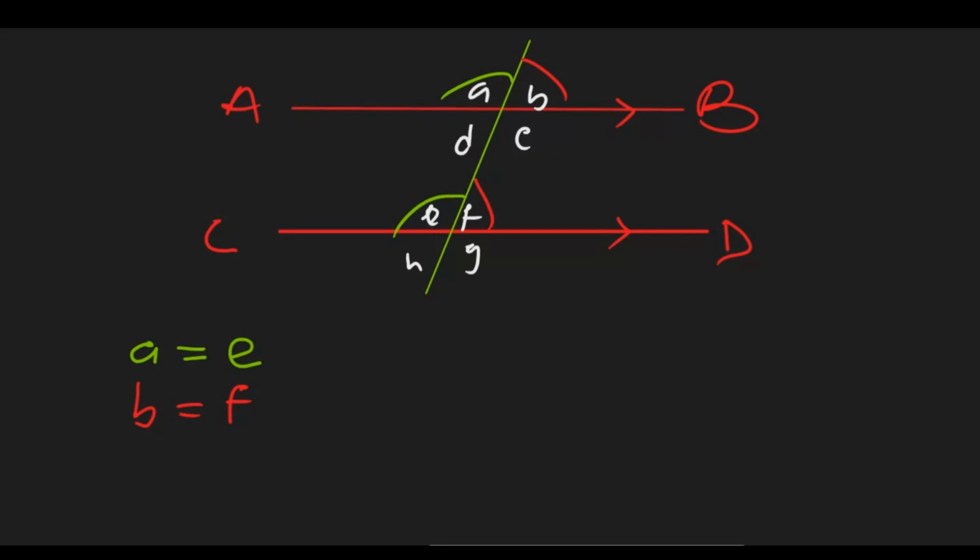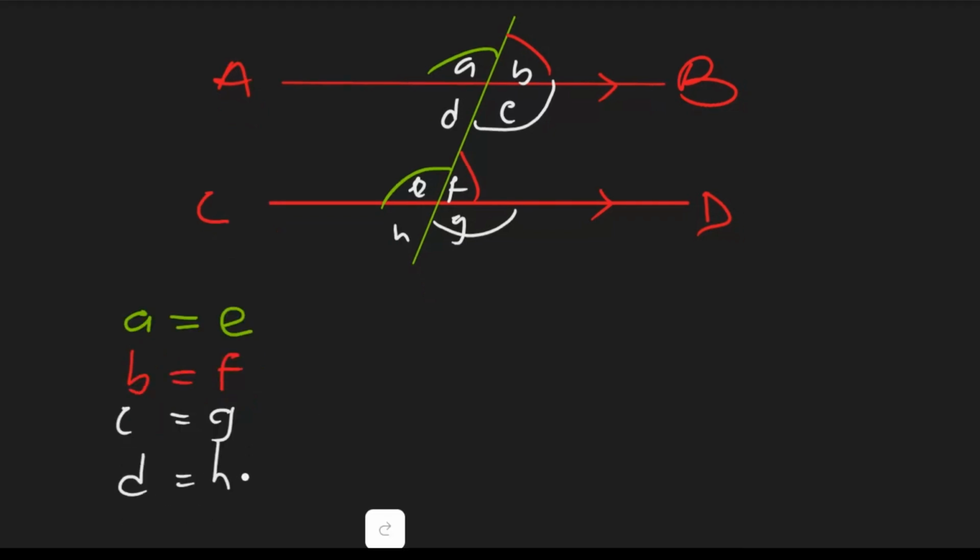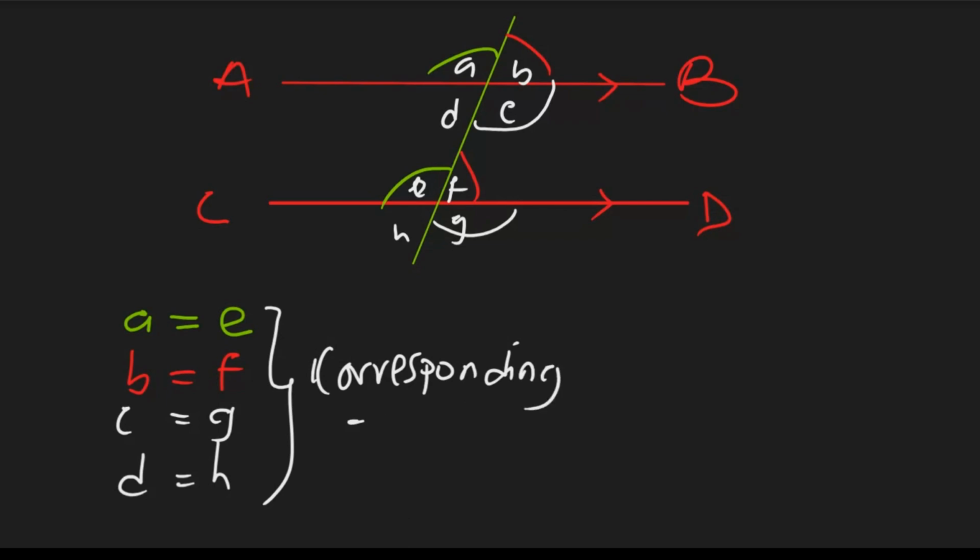Apart from that, we can see angle C and that of G. So C is equal to G. And the last one, that's going to be D is equal to H. So these angles that we find here, they are corresponding angles. And they are equal.